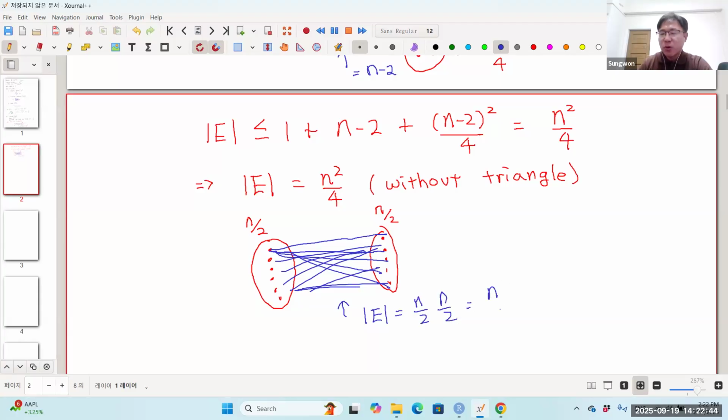So that will be n squared over 4. So n squared over 4 is not just an upper bound, but this is the sharp bound.